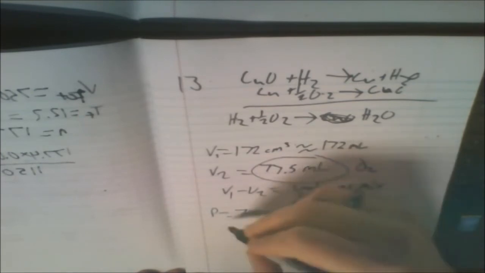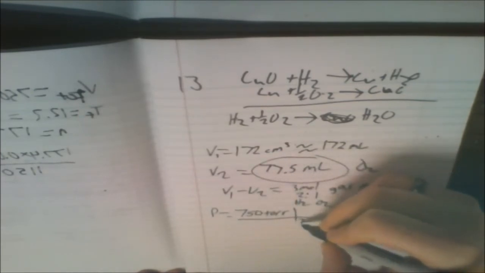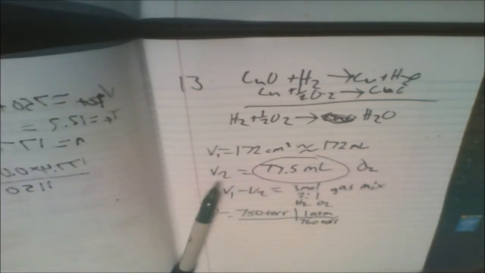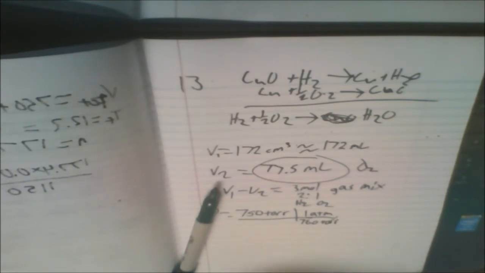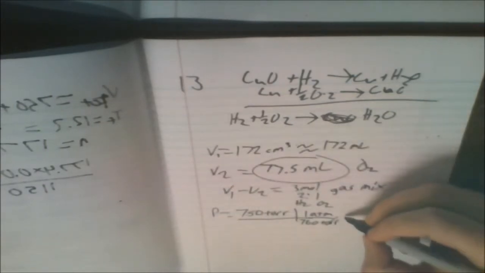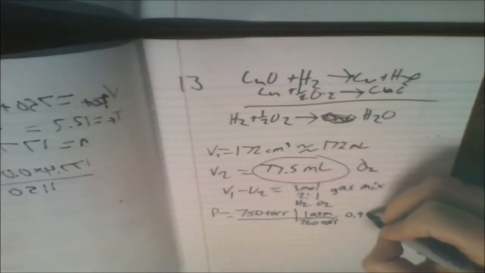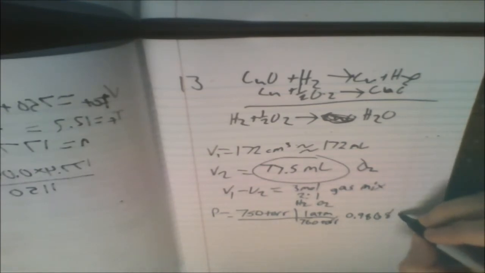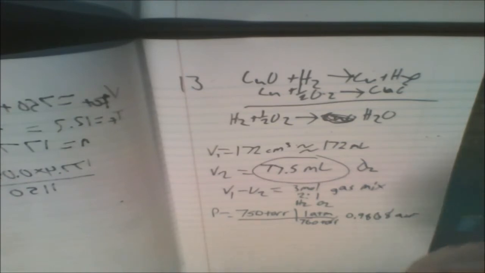Real quick conversion: in 1 atmosphere, there are 760 torr. I'm always going to be converting into the most common unit, the easiest one to convert into. So 750 divided by 760 gives us 0.9868. I'm going to leave it there. It still goes on, but I'm going to leave it there.